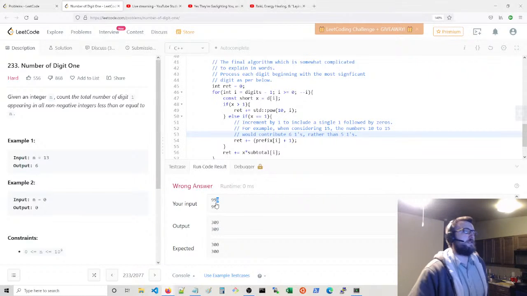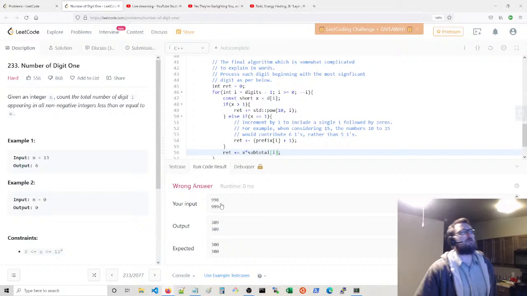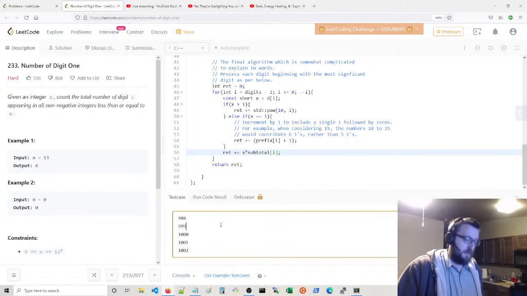Okay. So for 998, we should get 300 and we get 309. The way we end up processing this, we have 9 times our subtotal, which we said is how many times you get 0 to 99, and we said 0 to 99 is what? Let's see if we got that correct.